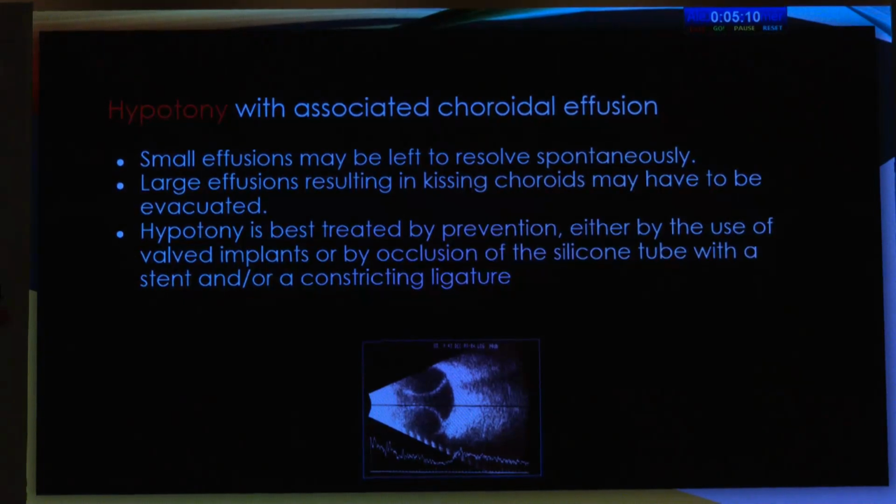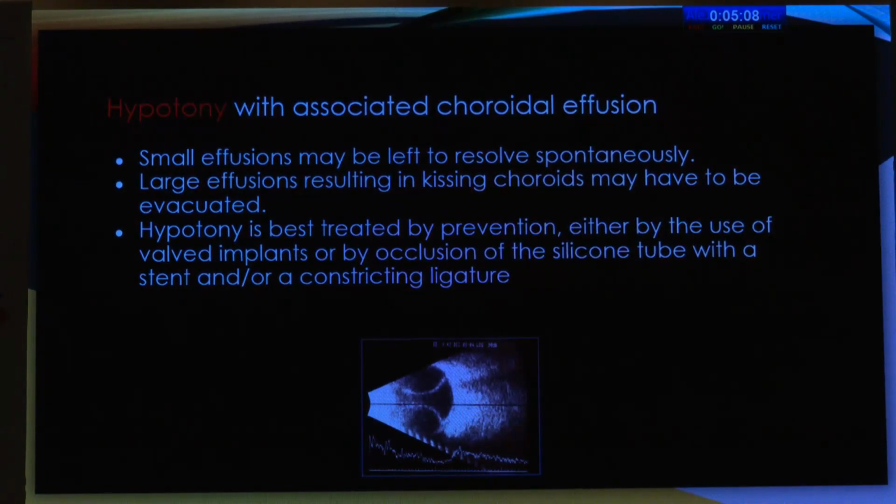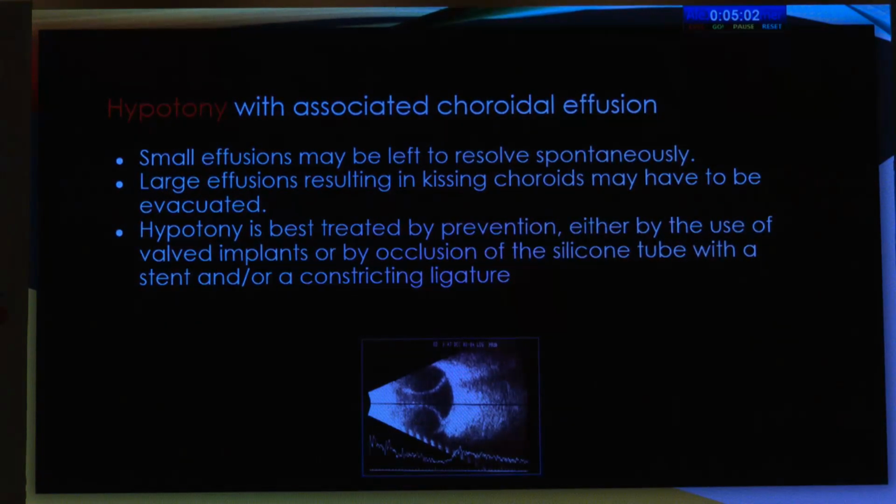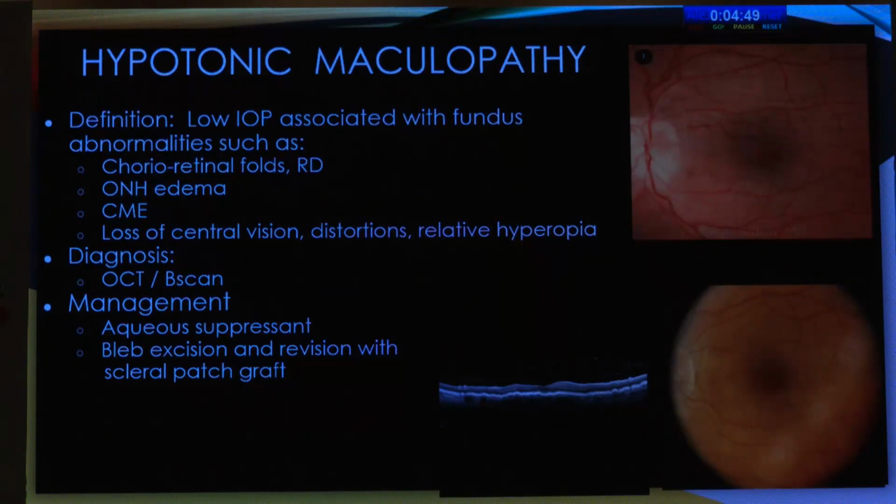Large effusion, especially kissing choroids, may need choroidal drainage. And as the treatment of hypotony is difficult, it's better to prevent the hypotony. So either use a valvular implant or occlude the silicone tube by a stent or a ligature suture to prevent hypotony.